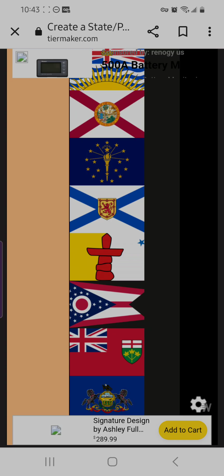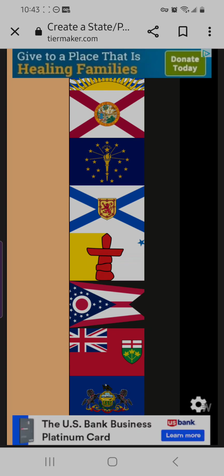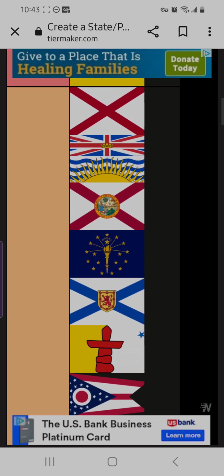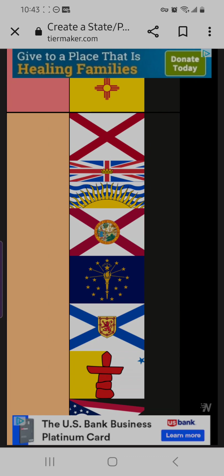Actually, Nova Scotia's flag kind of looks similar to Alabama and Florida's flag. I just noticed that. Indiana, Florida, British Columbia, and Alabama.